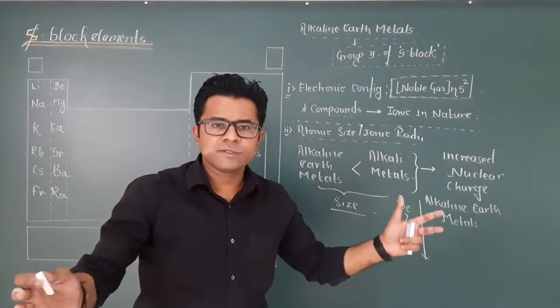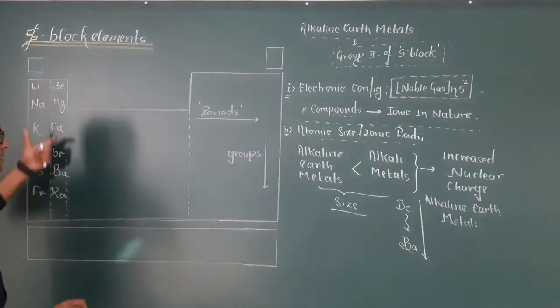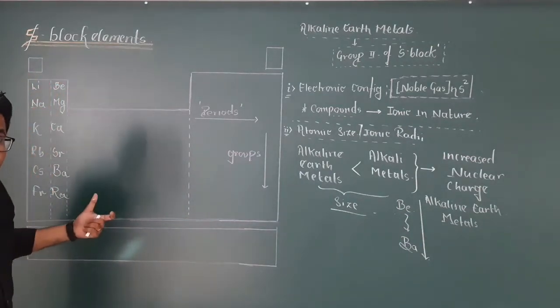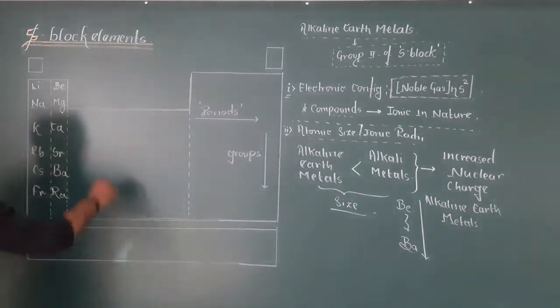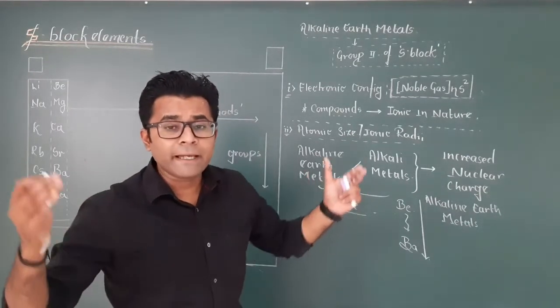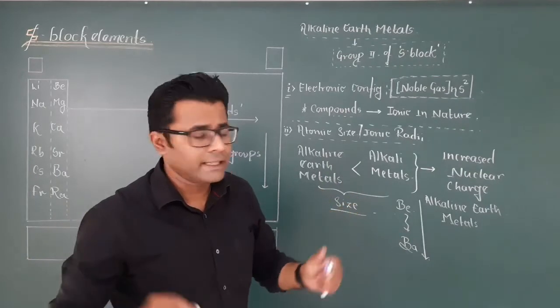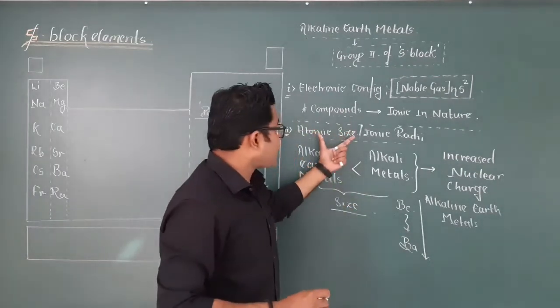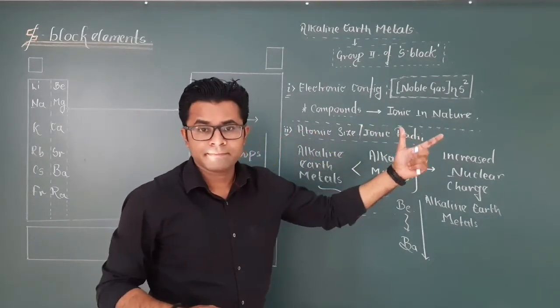That remains as usual for all elements in a respective group. So as we travel down, the atomic size increases with increase in the atomic number. So this is about the atomic sizes.